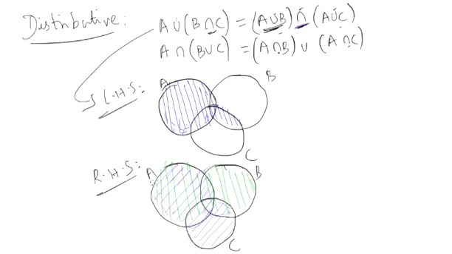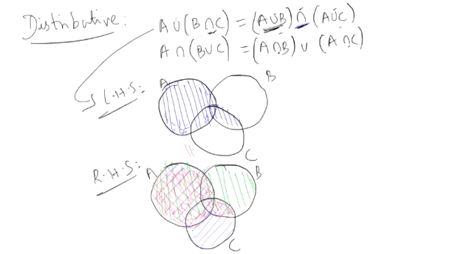So you have all this, except the regions where you have only green and only purple, right? And this is equal to this, right? That's what you see. The left hand side of the equation is equal to the right hand side of the equation. Hence, the first distributive property is proved.